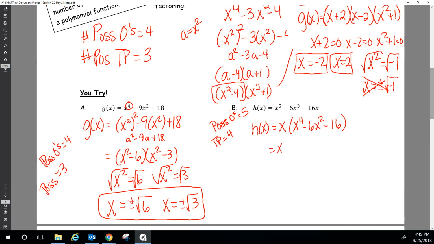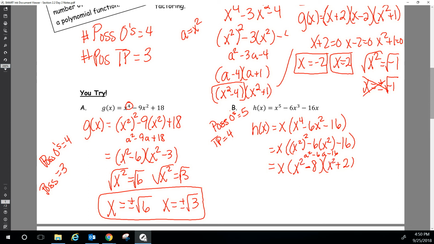So this is the same thing as x times x squared, minus 6 times x squared, minus 16. And so we've got x times, this is like a squared minus 6a minus 16. Two numbers that multiply to -16, subtract to -8. That would be 8 and 2. I need it to be -6, so it's going to be -8, positive 2. And then instead of putting the a in, I'm going to put the x squared back in.